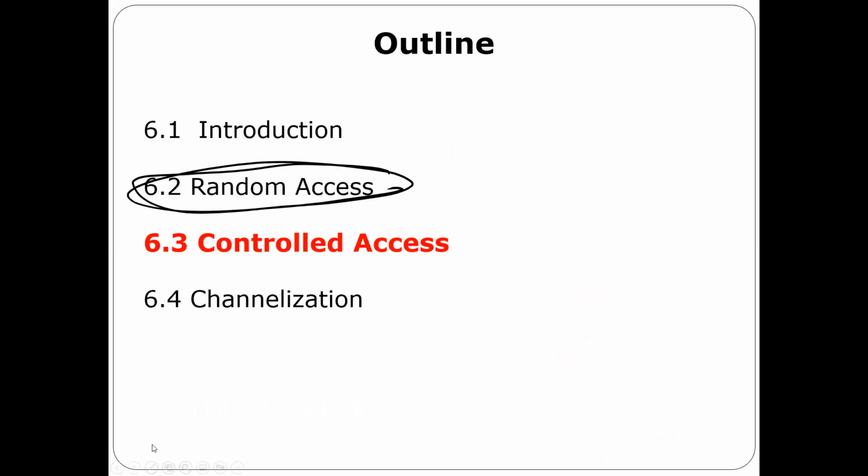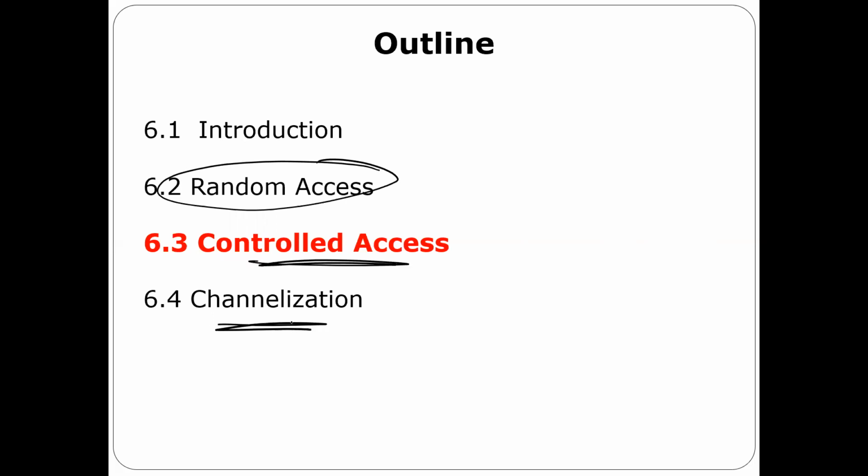Before I move on, as I told you in the very beginning of this chapter, we're going to classify the medium access control protocols into random access, controlled access, and channelization. You should know the difference between them.